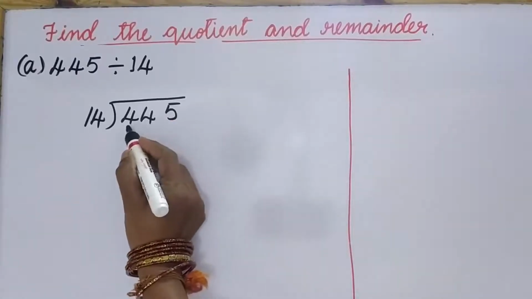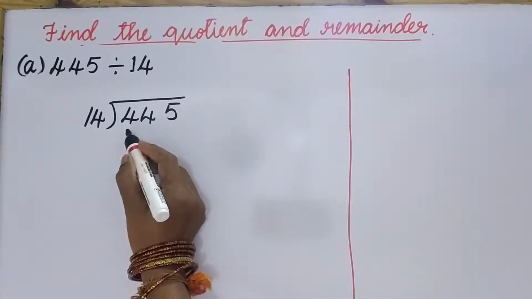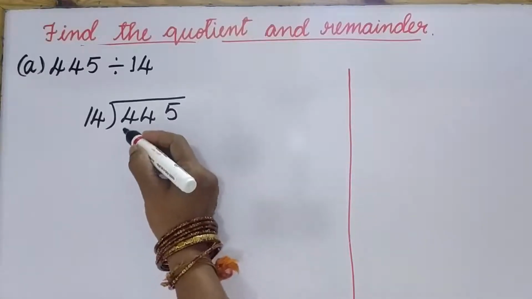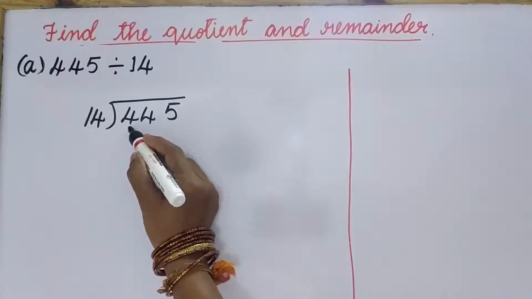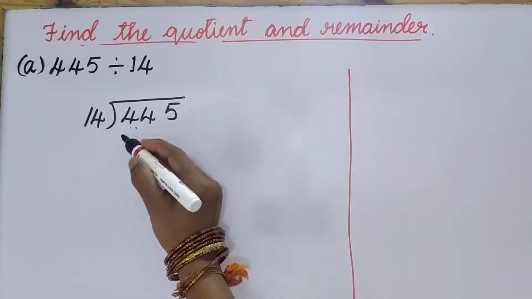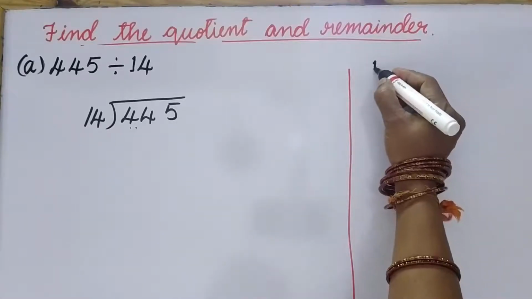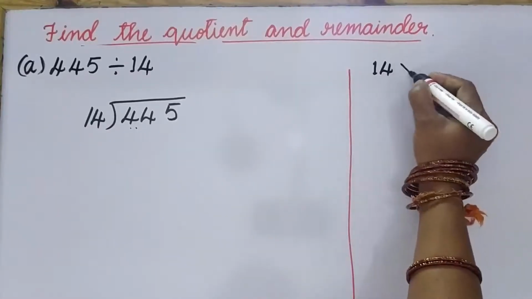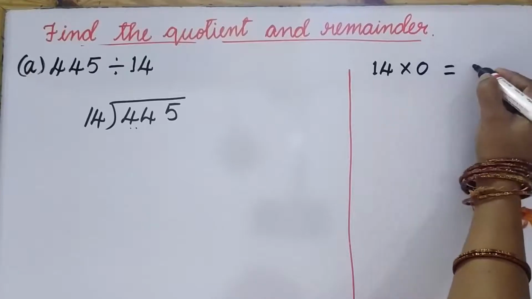First we need to start from the highest place value digit, and we have to solve digit by digit. Here we have only one digit. From one digit we can't divide. So we need to start from, yeah, you know very well, 14 zeros are.